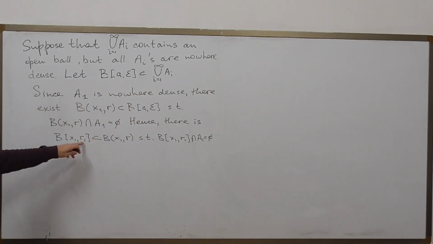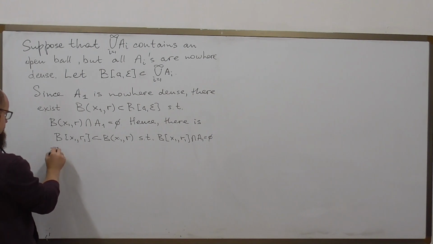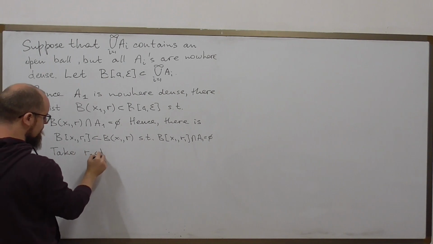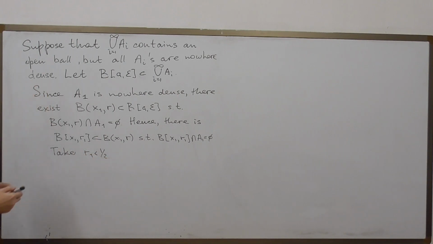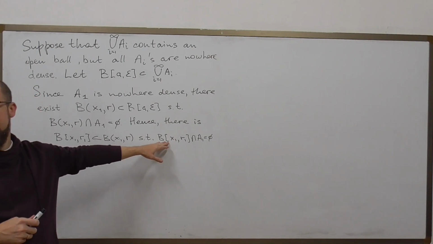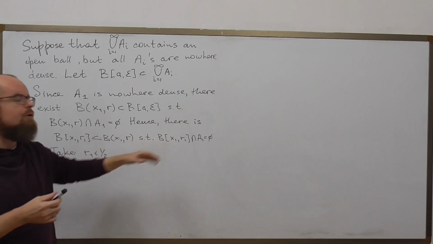And we can suppose that r_1 is less than a half. In a similar fashion, we can find a closed ball inside this closed ball which does not intersect with A_2, using the fact that A_2 is nowhere dense.